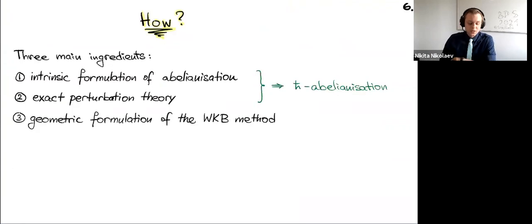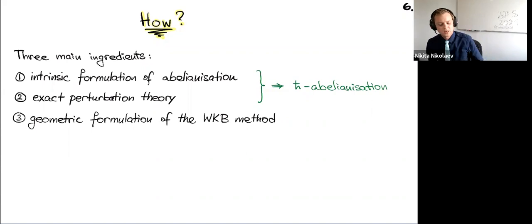Okay, so how could you arrive at this picture? Well, there are basically three main ingredients. Number one is to write down a more intrinsic formulation of abelianization. Abelianization, of course, was invented by Gaiotto, Moore and Neitzke in the study of spectral networks.